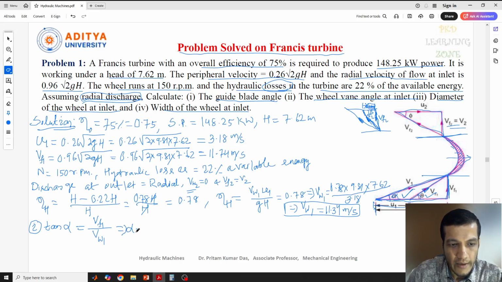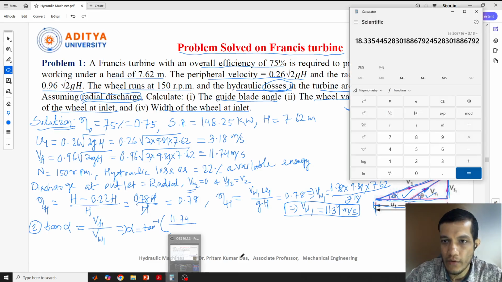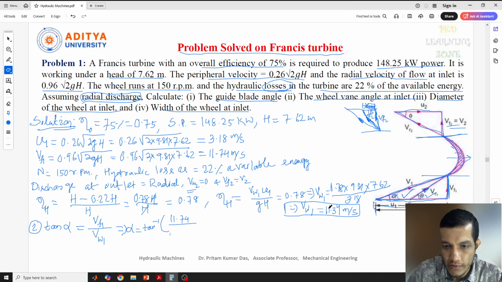So alpha equals tan inverse of VF1, 11.74, divided by VW1, which we got as 18.34. So this will be 11.74 divided by 18.34.